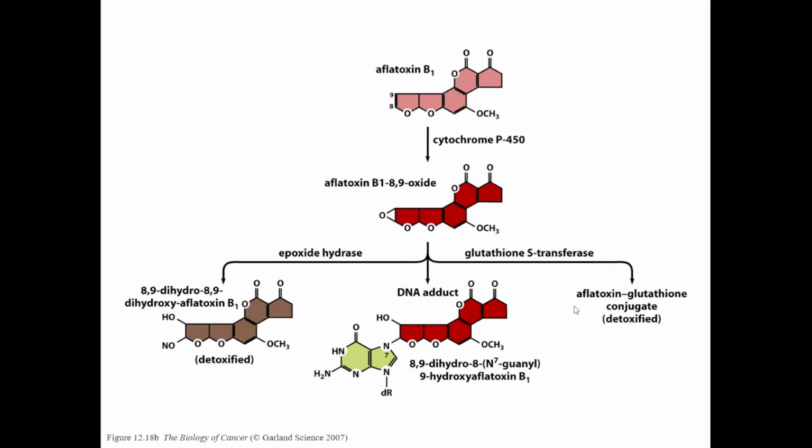A detoxified complex with glutathione, non-toxic. But it can also lead to covalent modification of nitrogen bases, again guanine, with forming of covalent modification and mutations, with destroying of genome repair function and a carcinogenic effect.